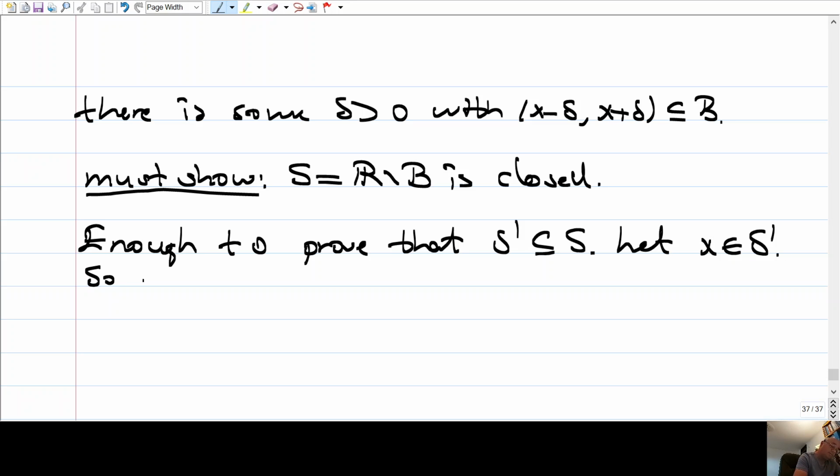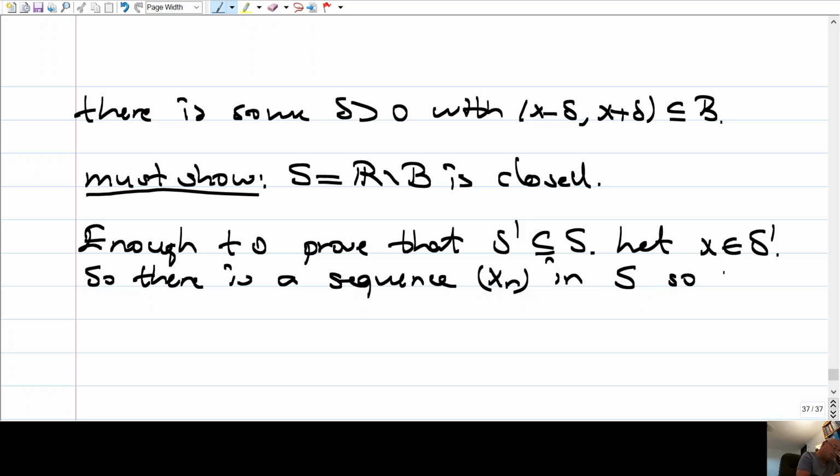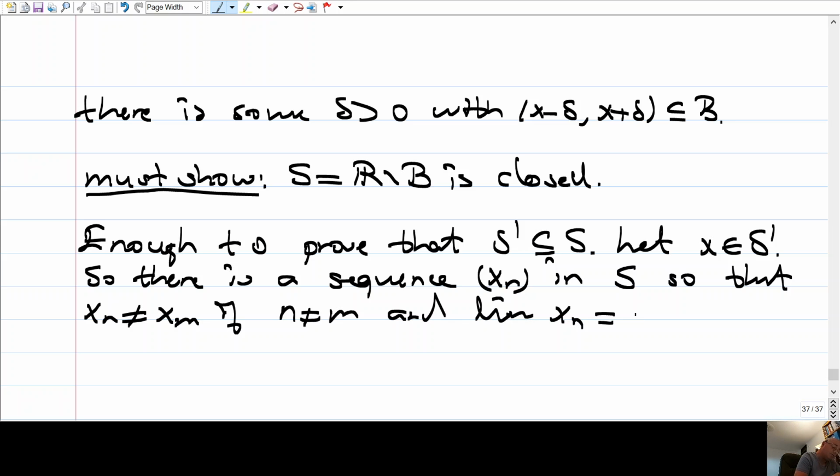So there is a sequence xn in S so that the terms of the sequence are different and limit xn is equal to x, right?